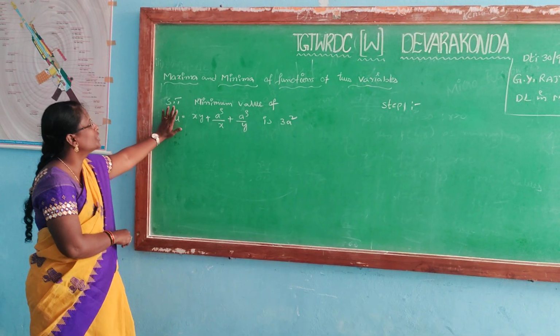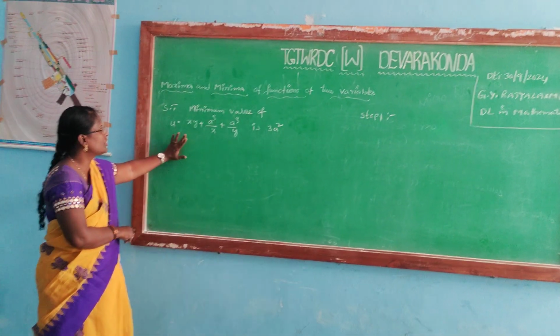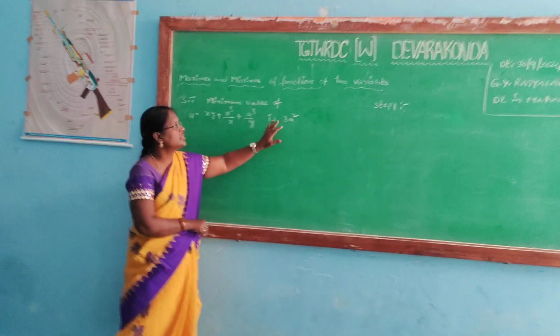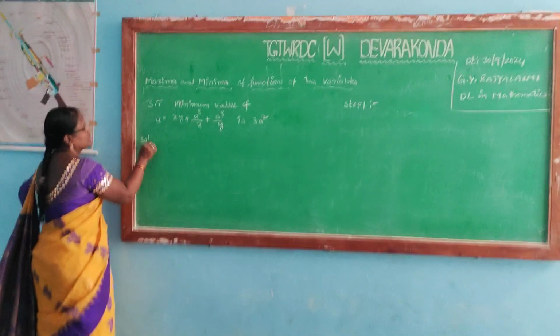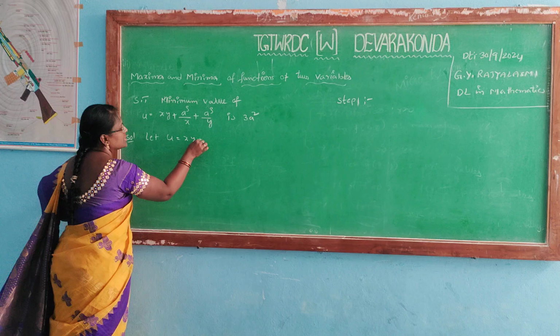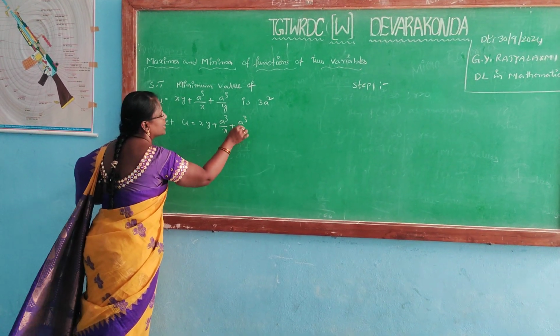Second problem is: show that the minimum value of the function u equal to xy plus a cube by x plus a cube by y is 3a squared. So let u equal to xy plus a cube by x plus a cube by y.